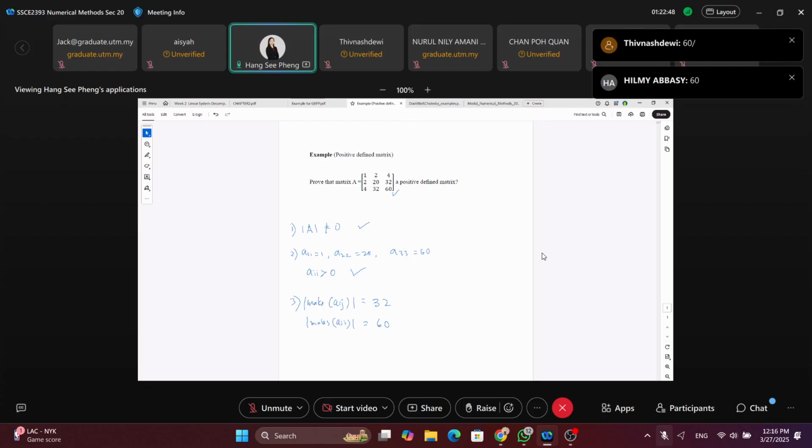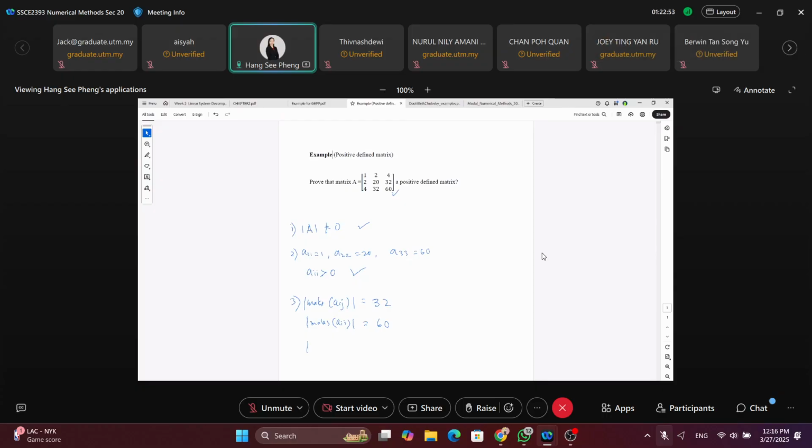So is it satisfying the condition? Yes, satisfied. Actually, I need to put the modulus in front: maximum of modulus Aij is smaller than maximum of Aii. Therefore, the condition is satisfied.